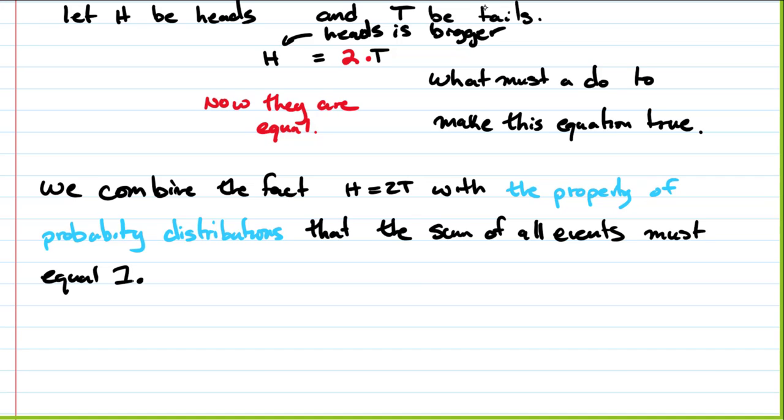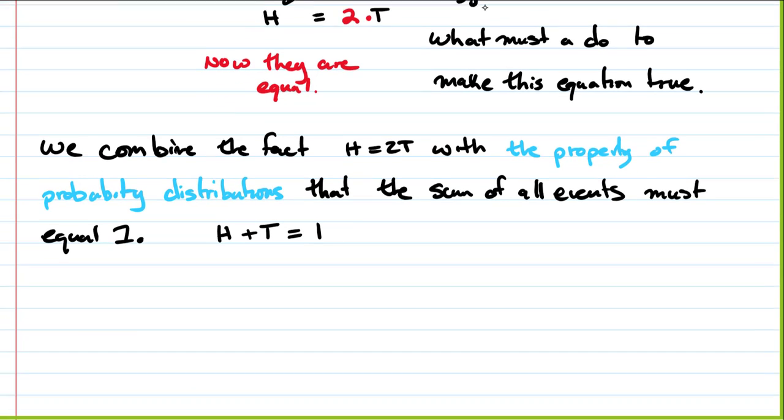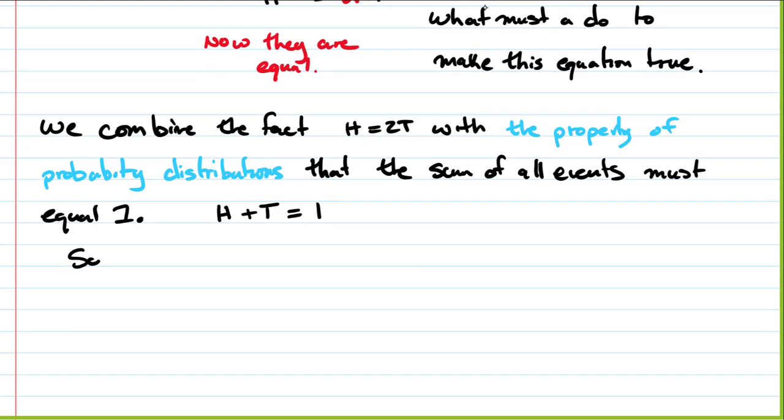So if I flip a coin, what are my two possible outcomes? Heads or tails. So I get the equation h plus t has to be 1. So we need to solve the following linear system of equations. That is that h is equal to 2t and h plus t is equal to 1.